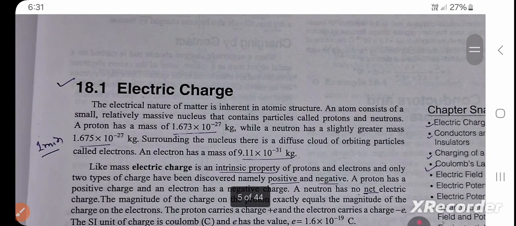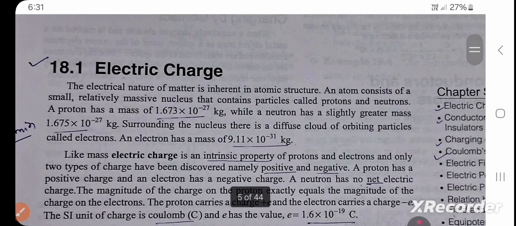First we discuss electric charge. The electrical nature of matter is inherent in atomic structure. An atom consists of a small, relatively massive nucleus that contains particles called protons and neutrons.